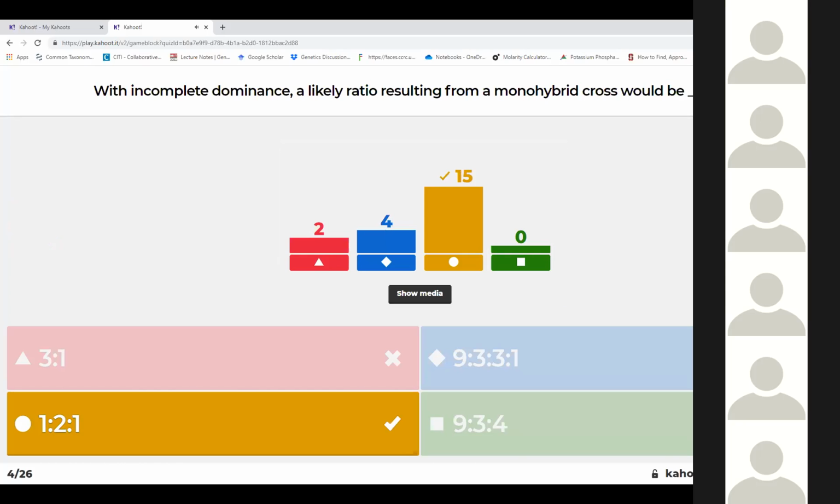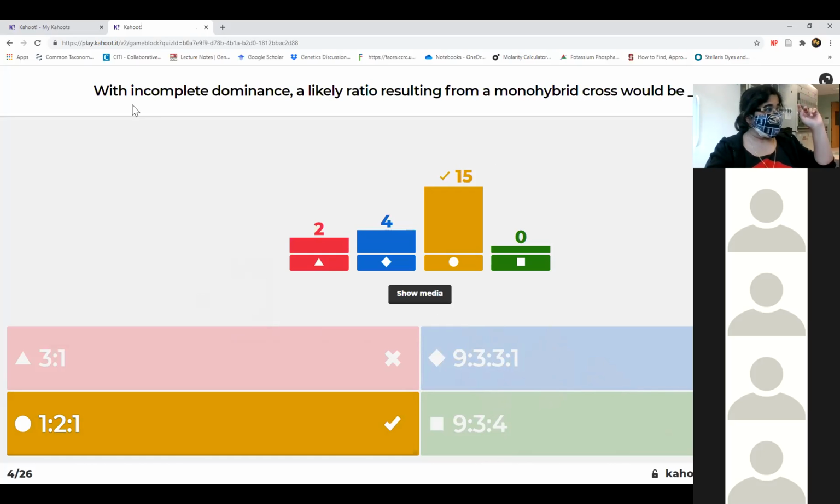Oh, okay. We have a little bit of a majority wins. It's a 1-to-1-to-1 ratio. So when we're talking about incomplete dominance, guys, never choose these two because these two involve two genes, right? When we're talking about dominance, we're only looking at one single gene. So that would narrow it down to these two, right?